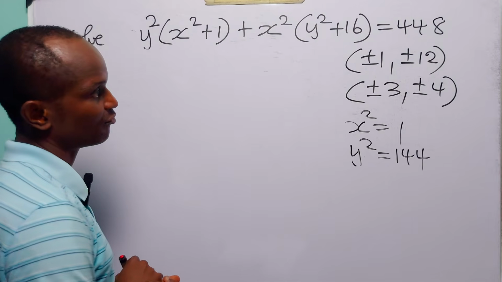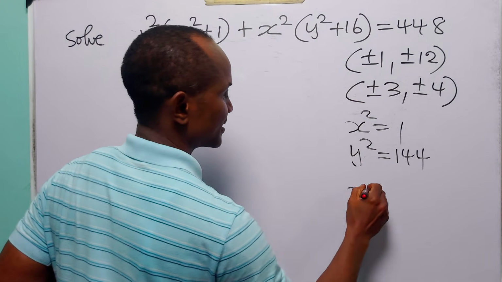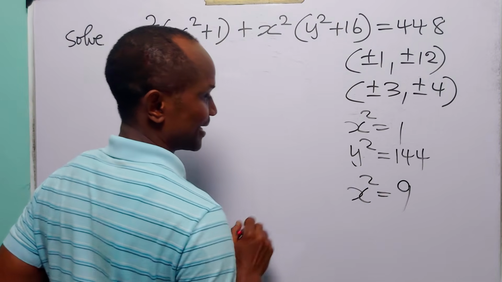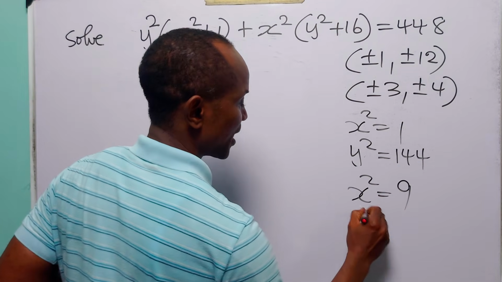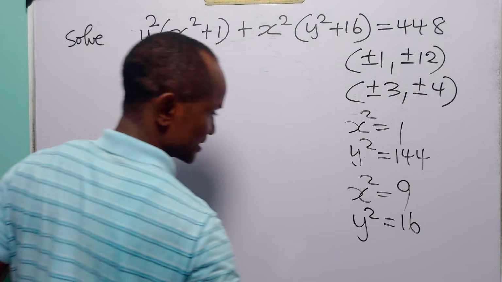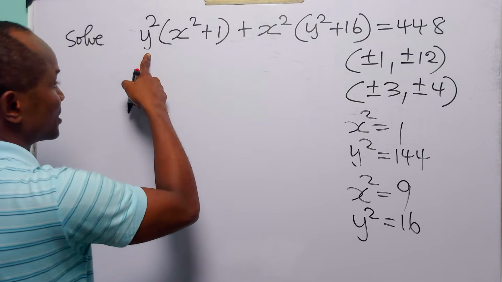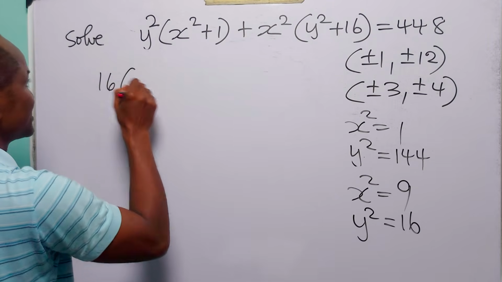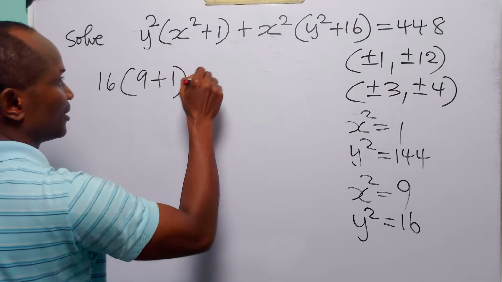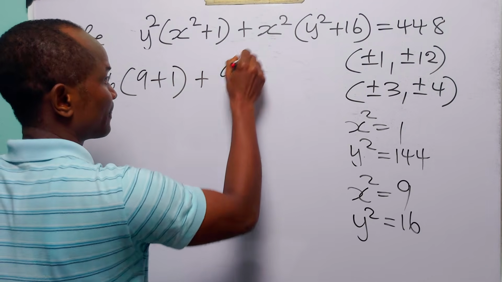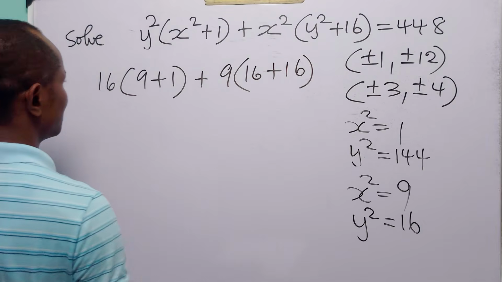And for the second set of points, when x is equal to plus or minus 3, then x squared is equal to 9. And when y is equal to plus or minus 4, then y squared is equal to 16. Substituting into the left-hand side of the original equation, we have 16 times (9 plus 1) plus 9 times (16 plus 16).